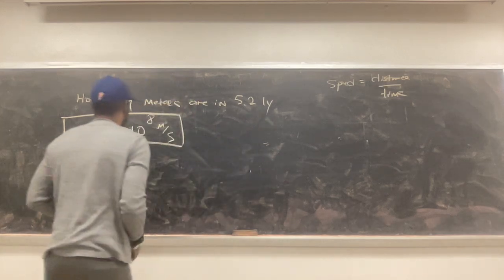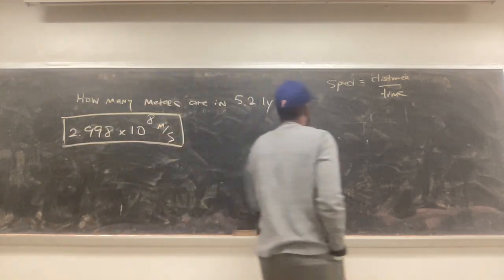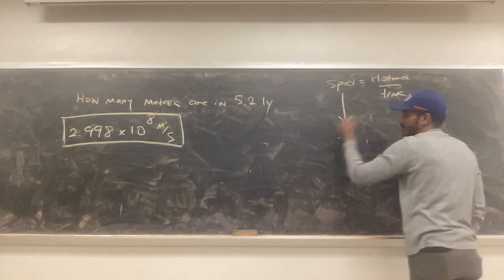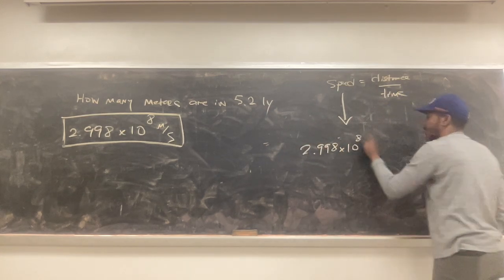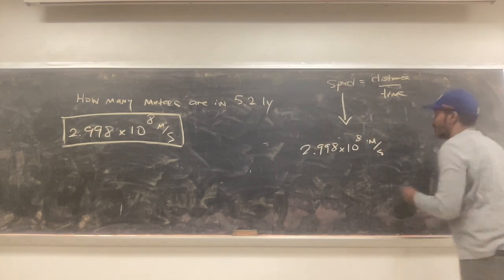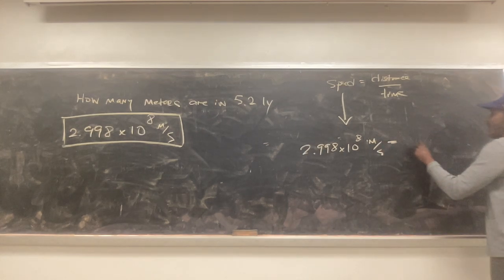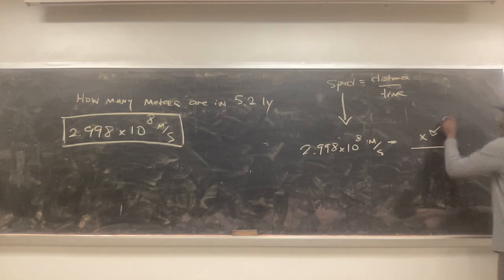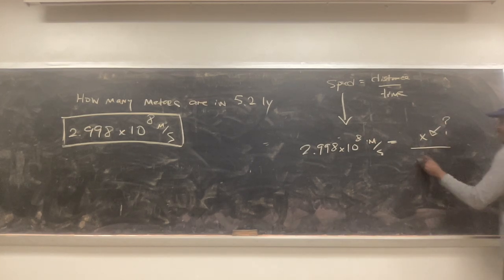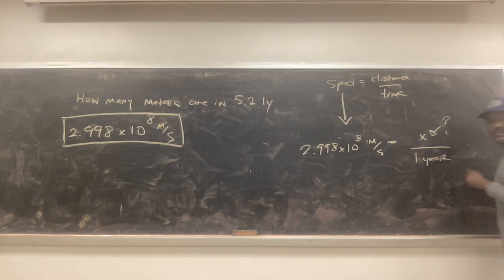So if I know the speed, which is 2.998 times 10 to the 8 meters per second, equals, and this is gonna be my distance, this is what I wanna know right here, and the time is gonna be 1 year. Only problem is we need to put the year into seconds, because it's meters per second.